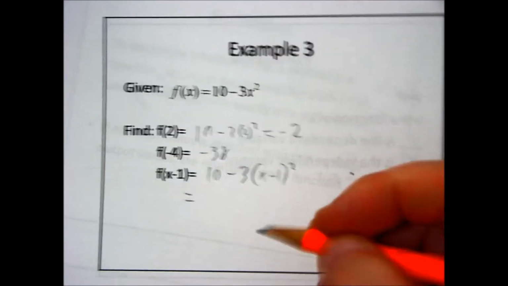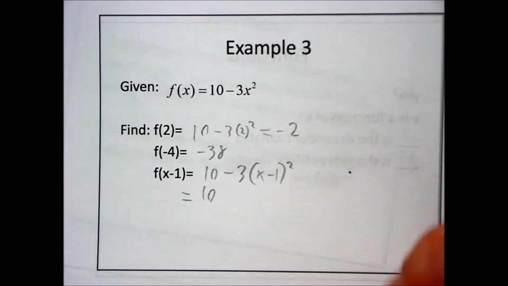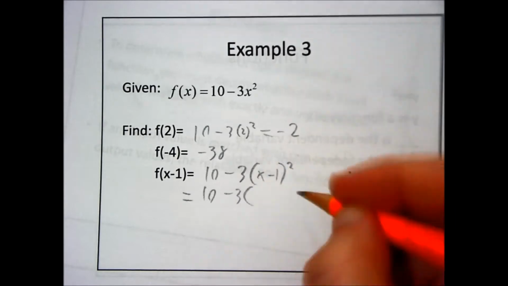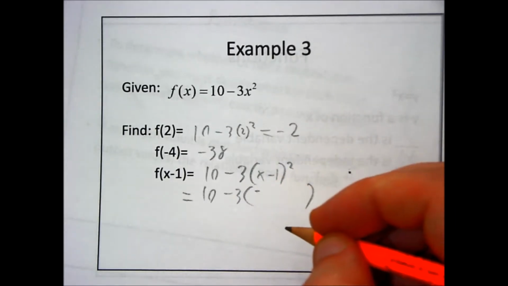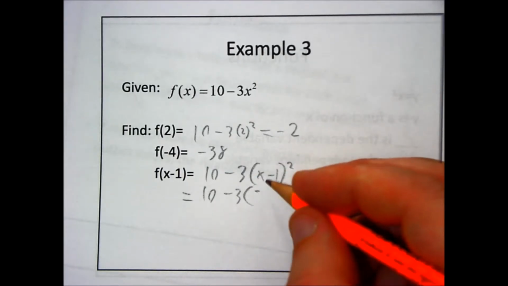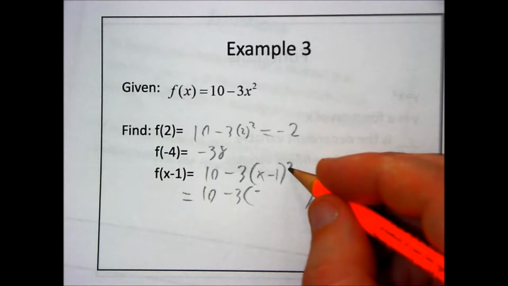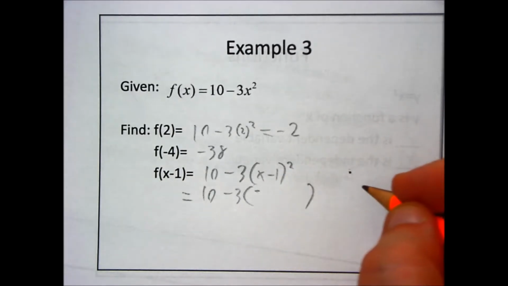When I do this, though, what do I need to do first? Foil that. X minus 1. If I foil it out, I get what? Well, the problem is I can't just square both parts independently. I also need to deal with the exponent first. Okay, so I'm going to take x minus 1 times x minus 1 first.